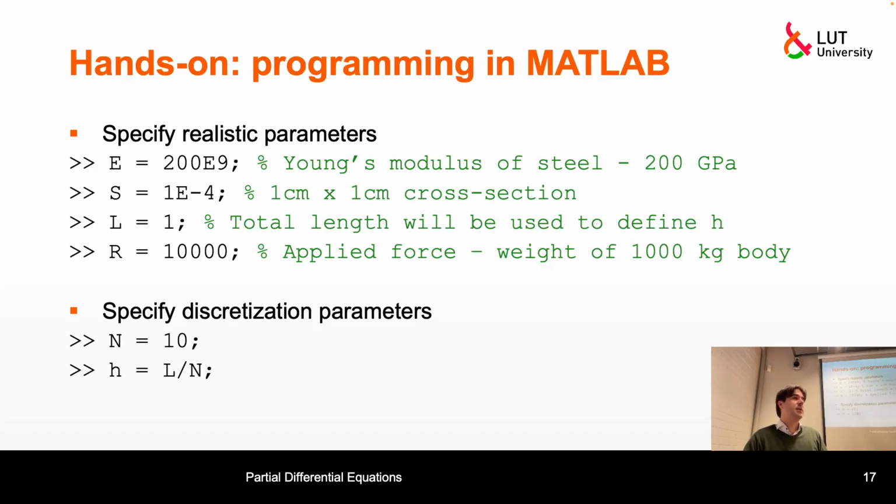So at ambient temperature, it's often closer to 210 GPa, the Young's modulus of steel, but still 200 is quite a reasonable value. And then if you have something realistic, you can use your intuition to predict the answer and to set some kind of realistic force.